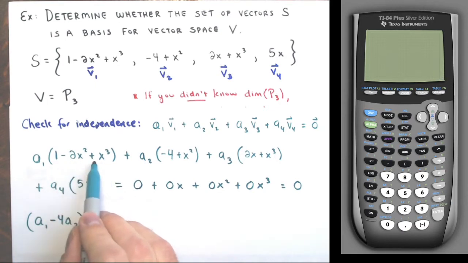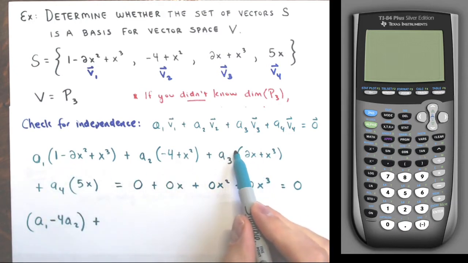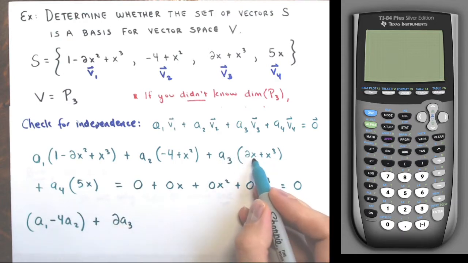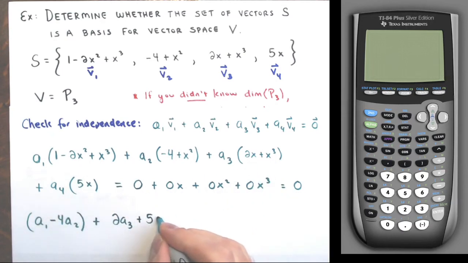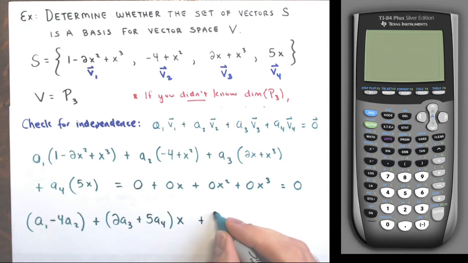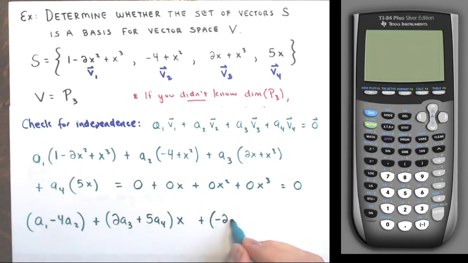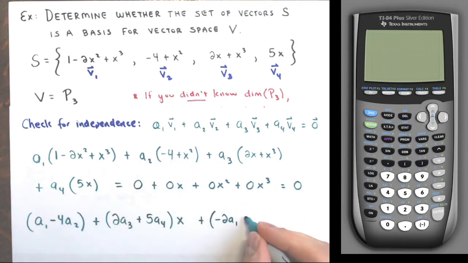There are no x to the firsts here or here. If I distribute the a3, there'd be 2a3 x to the first, and then plus 5a4 x to the first. So these would combine times x to the first, plus the coefficients of x to the second. The first one I'd have negative 2a1, and then there's an x to the second here, so plus a2.